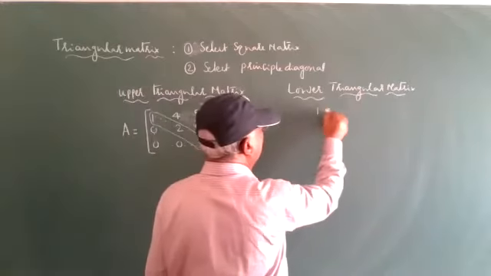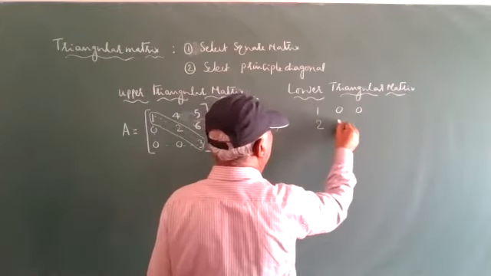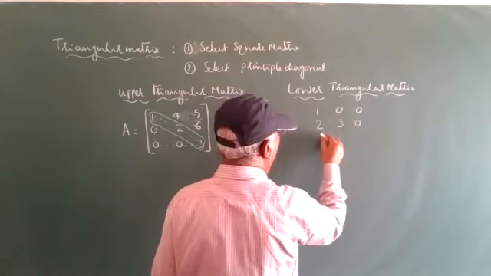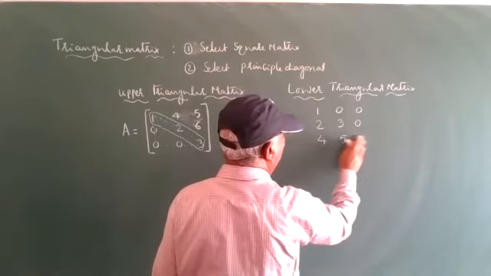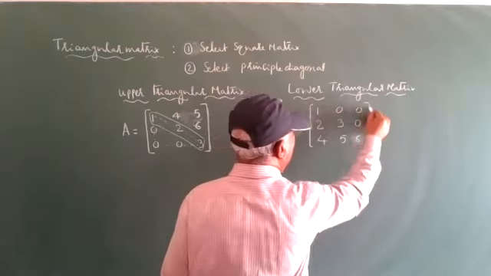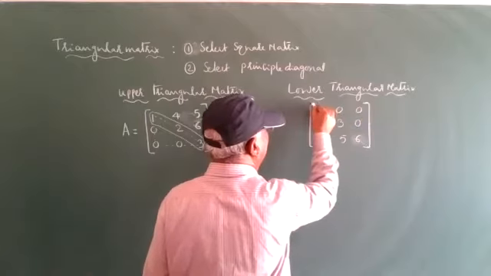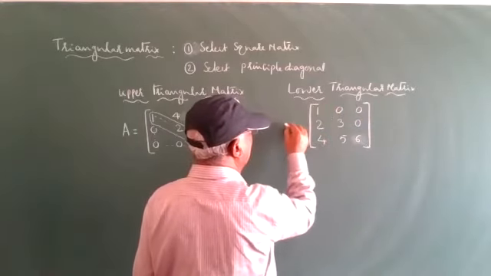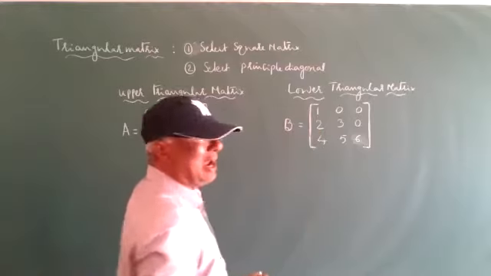See: 1, 0, 0; next 2, 3, 0; 4, 5, 6. This is a matrix, and it is compulsorily put in a closed bracket. The name of the matrix is B. B is the symbol of the matrix.